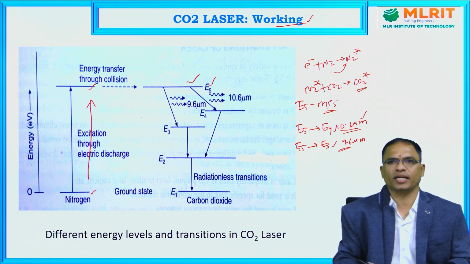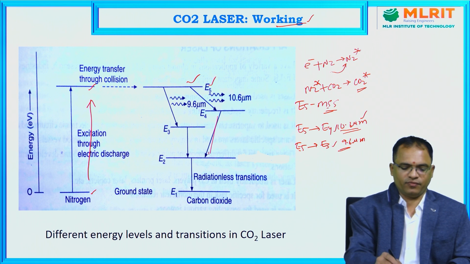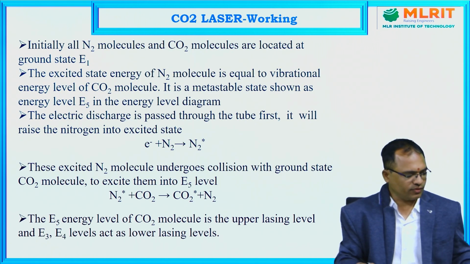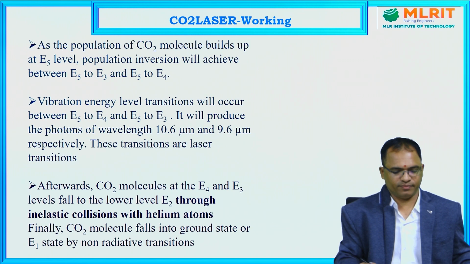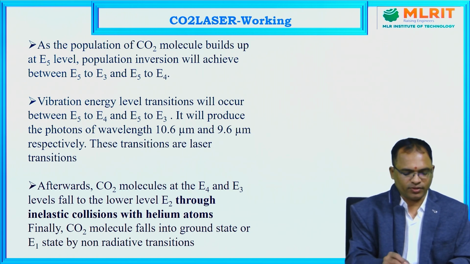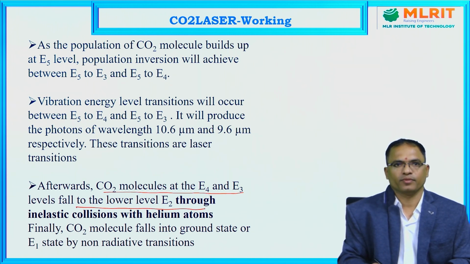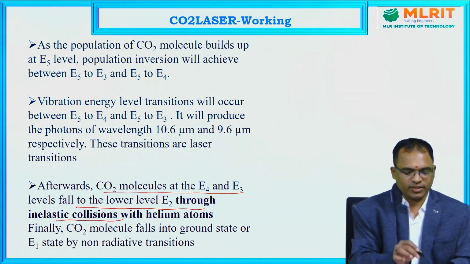After getting laser transition, all the molecules from E4 and E3 will fall into E2 as we discussed, and after that they will fall into the ground state. Carbon dioxide molecules at E4 and E3 fall into E2 by the process called inelastic collisions.